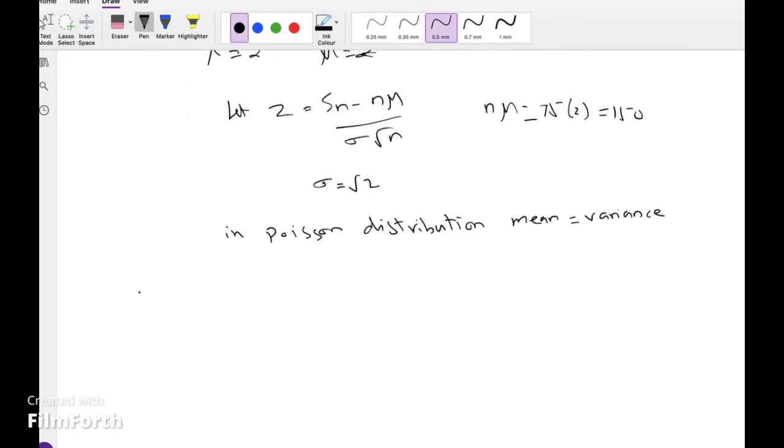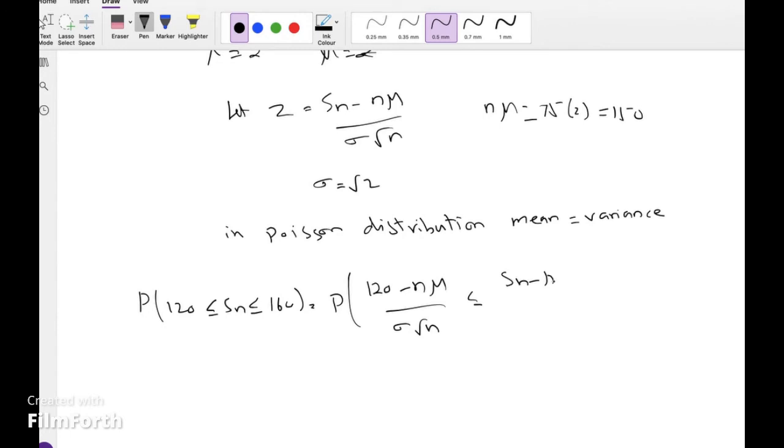So P of 120 less than or equal to Sn less than or equal to 160, that is equal to P of 120 minus n mu divided by sigma into square root of n less than or equal to Sn minus n mu divided by sigma square root of n less than or equal to 160 minus n mu divided by sigma square root of n.